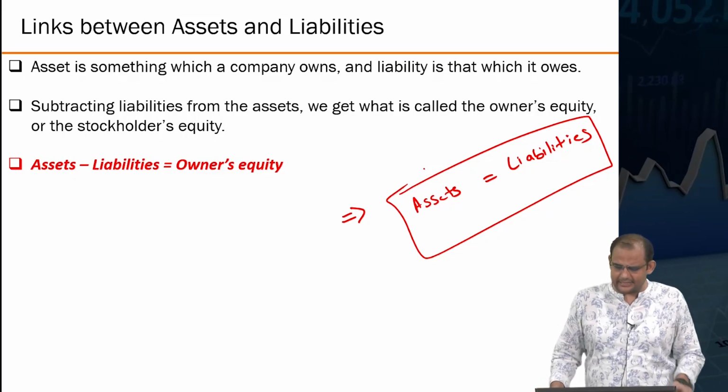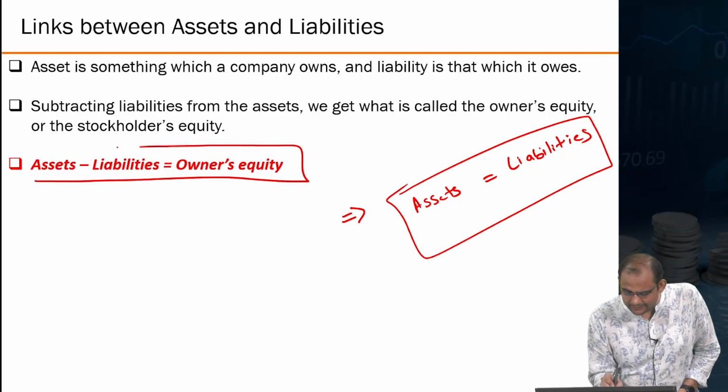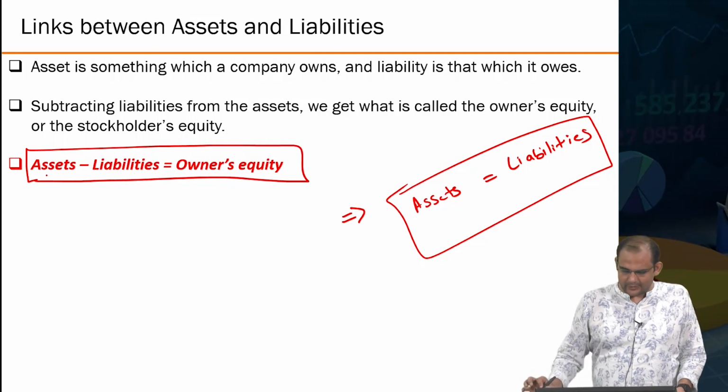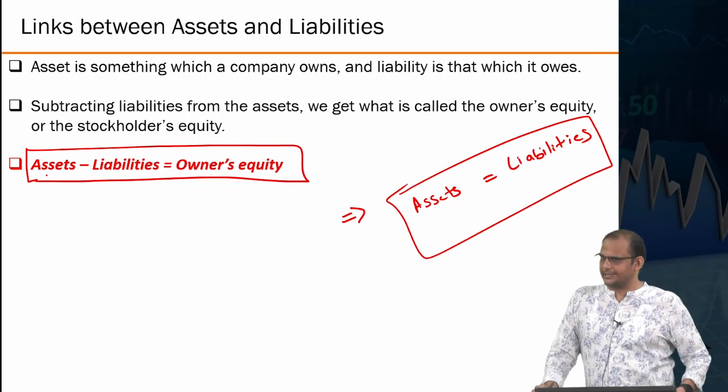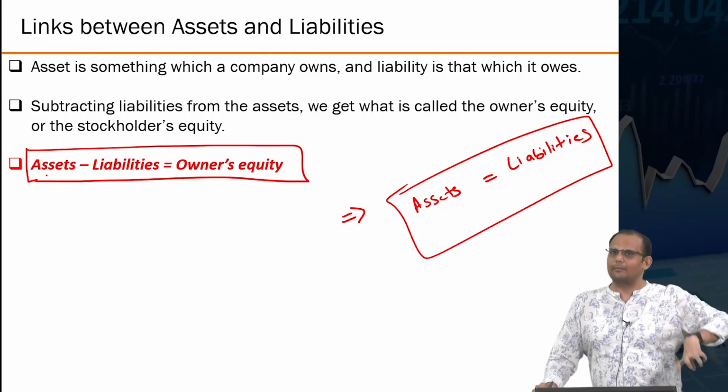There is a specific term that needs to be defined here, and that is something called owner's equity. What is an example of owner's equity? Suppose you want to start a business, right? So to start the business, you need to put in your own money, right?